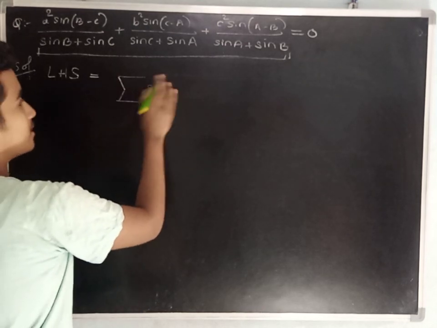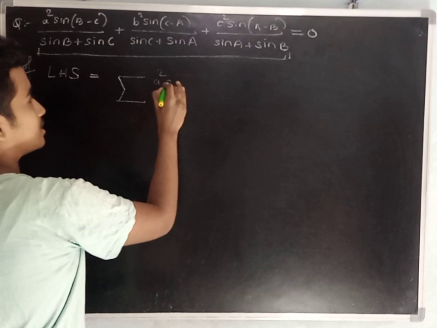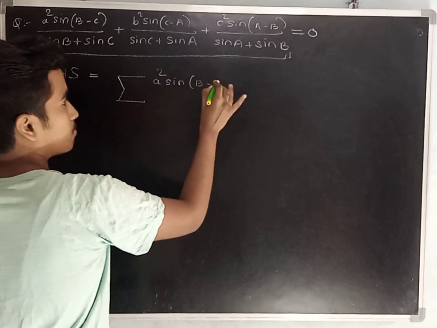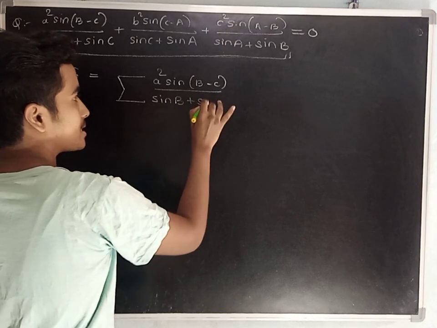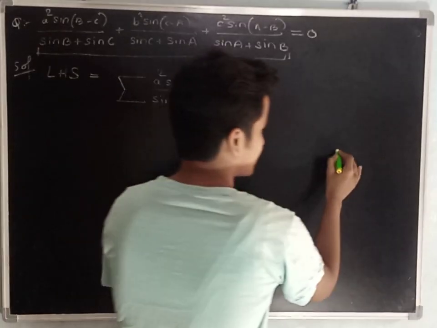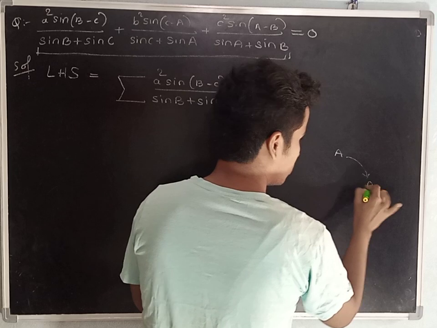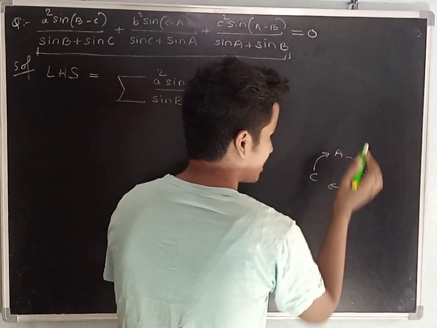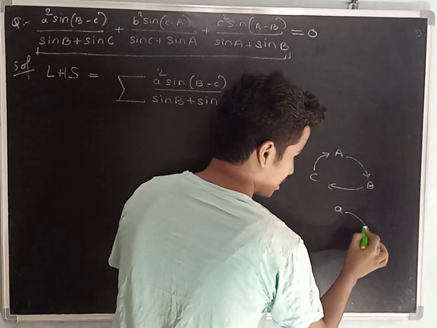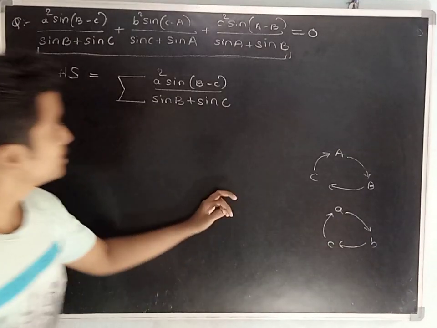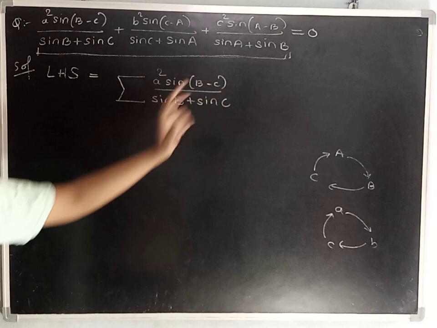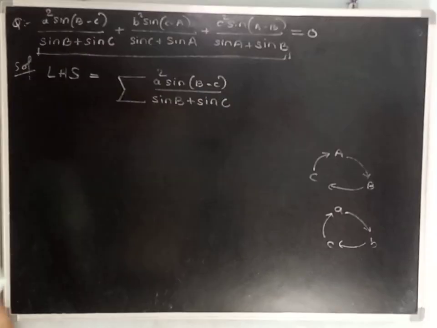Sigma a square sine of b minus c by sine b plus sine c. As I said, for angles it is a to b, b to c, c to a. Similarly for sides also, A to B, B to C, C to A.